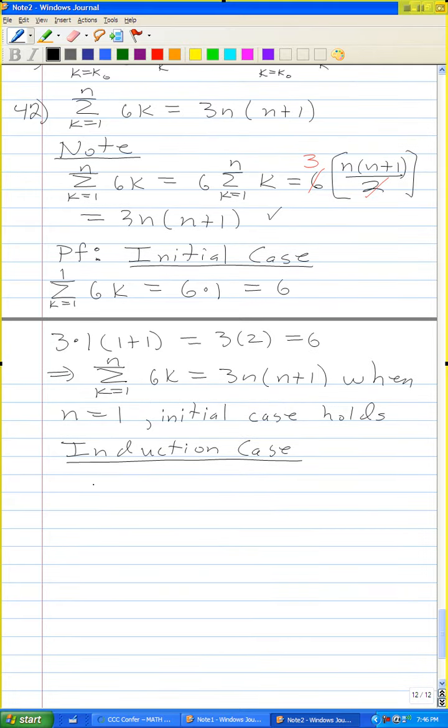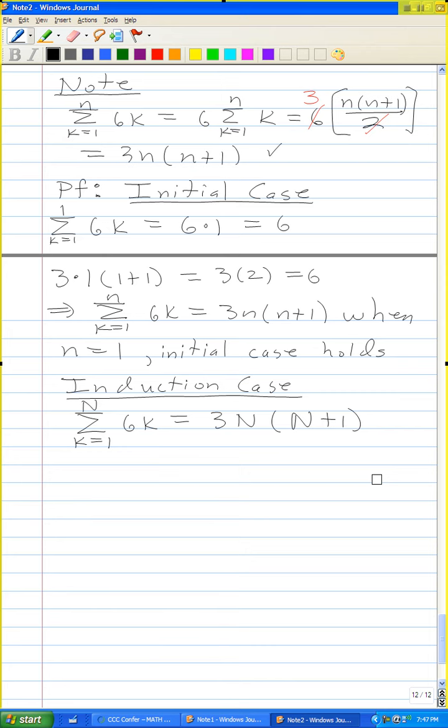Let's say that the sum k equaling 1 to N, let's use a different N, of 6k, suppose that is equal to 3N times N plus 1. Then I want to show that if we replace capital N by capital N plus 1, then the formula still works. So let's see.